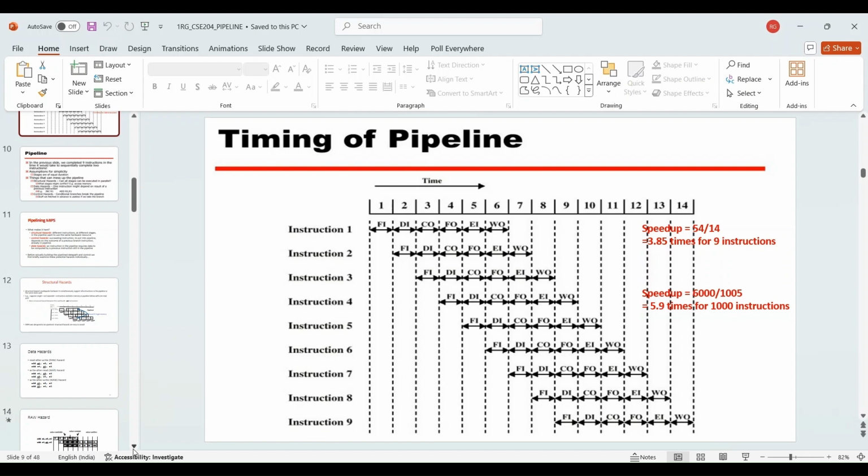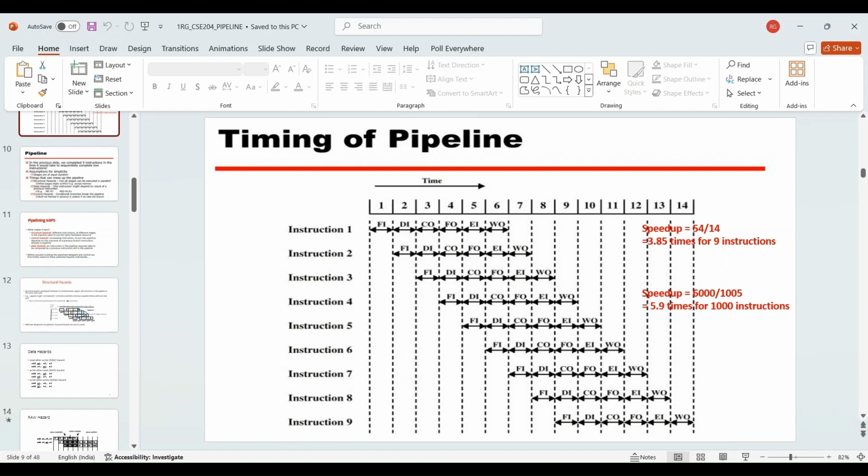Even though the maximum potential of the pipeline is 6, it is 5.9, very close to 6, and much better than the small example we have taken with 9 instructions.